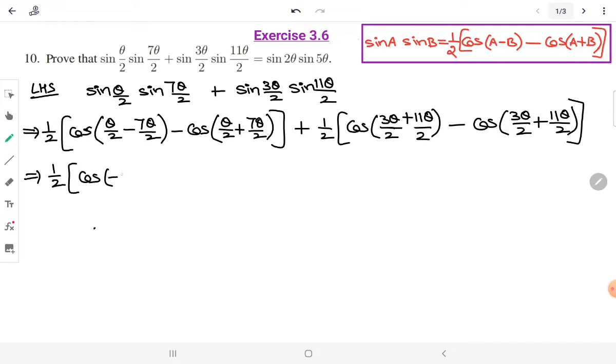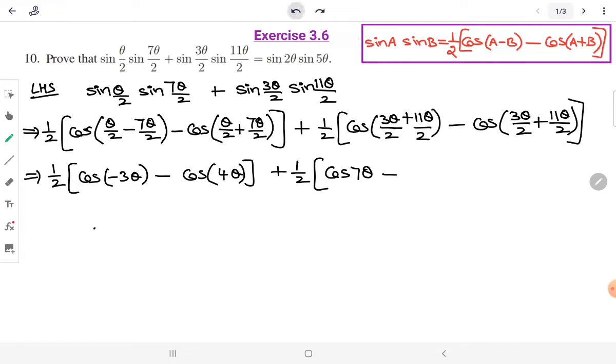We'll get cos(minus 3θ) minus cos 7θ, and θ/2 plus 7θ/2 is 8θ/2, which becomes cos 4θ. Then half of, even here, 3θ/2 plus 11θ/2, which is nothing but 14θ by 2, so cos 7θ.